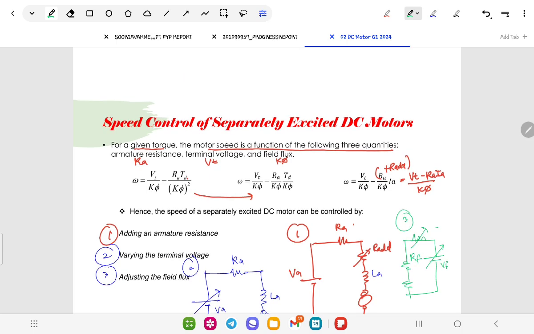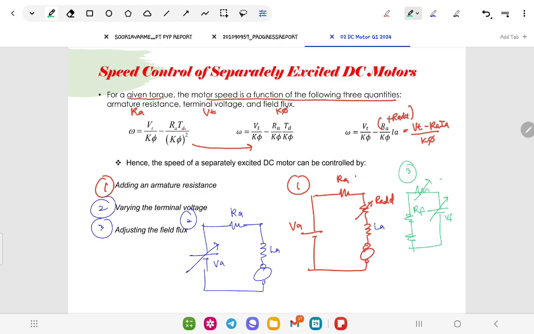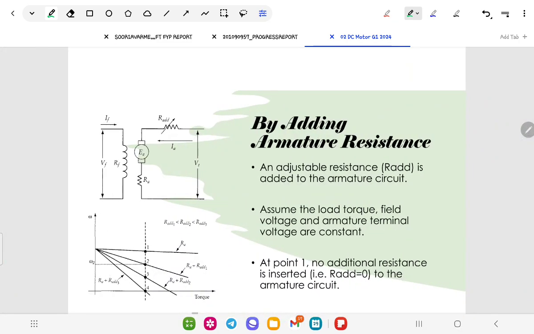That's number 3. We'll look at these methods of speed control for a separately excited DC motor further, in detail, in the next class, our online class this Monday.